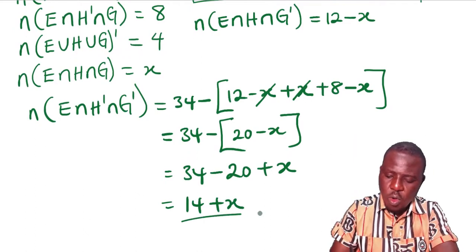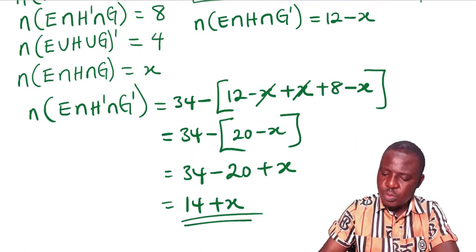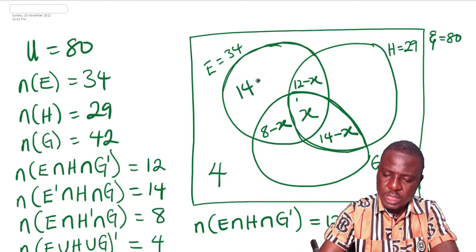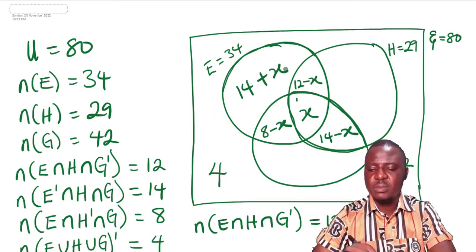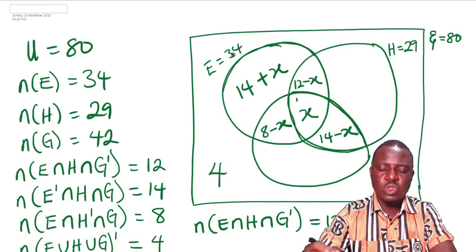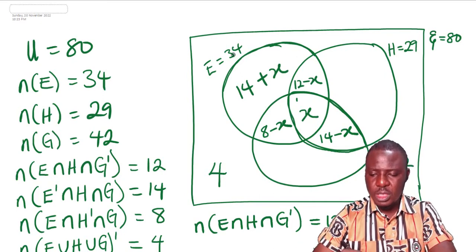So those who offer only English are 14 plus x, such that when you add this region plus this region plus this and this, they will all sum up to give you 34.